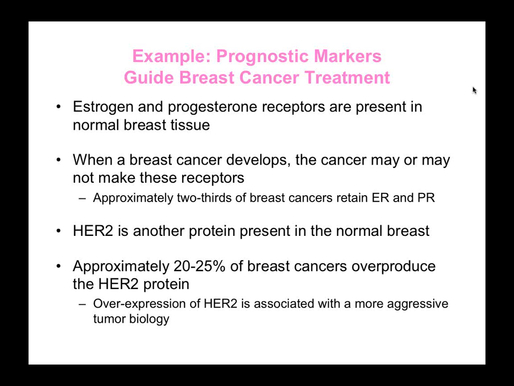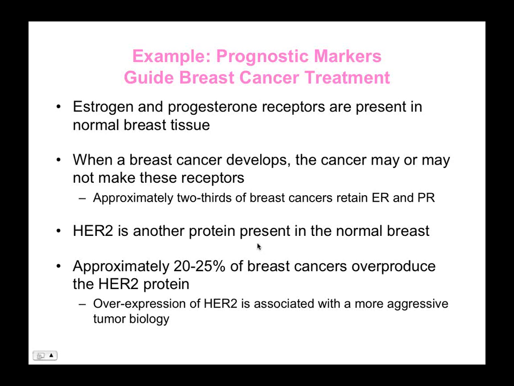And so when a breast cancer develops, that cancer may or may not retain those receptors. If you look at all breast cancers overall, about 2/3 of them will retain these estrogen and progesterone receptors and therefore retain the ability to respond to the female hormones estrogen and progesterone.